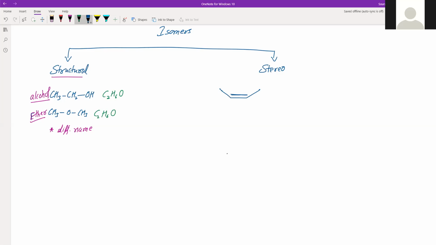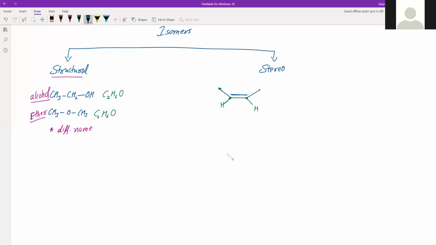This carbon, the bonds which are not shown here, has to have 4 bonds. Two bonds are with the adjacent carbon and one bond is with this carbon, which is forming CH3. So the third bond is with hydrogen. It is not shown in the bond line structure, but it is there. The same thing holds true for this carbon as well, so there will be a hydrogen here too.